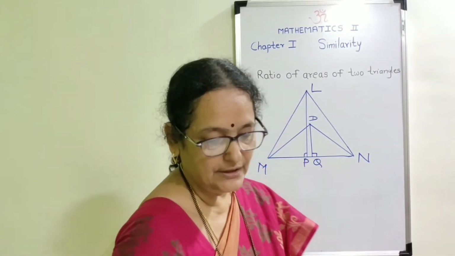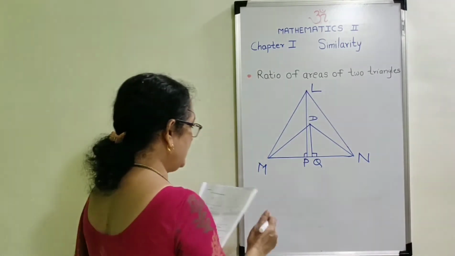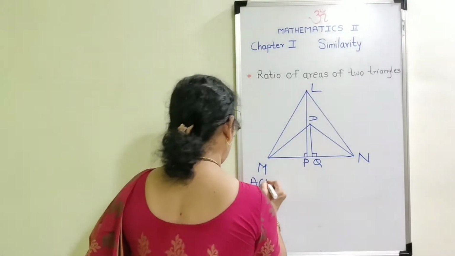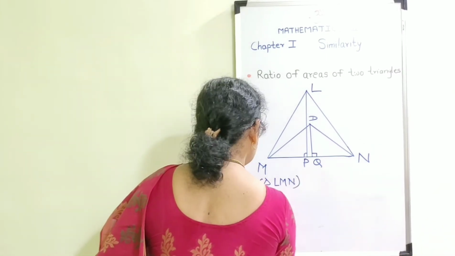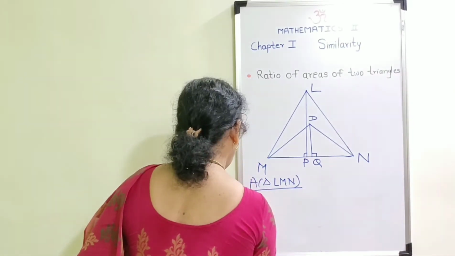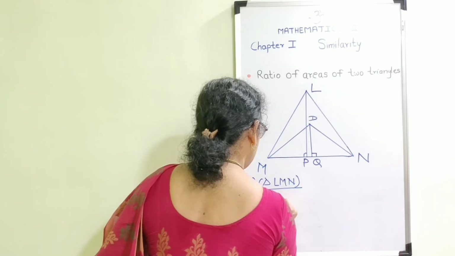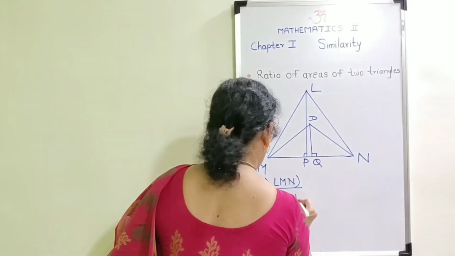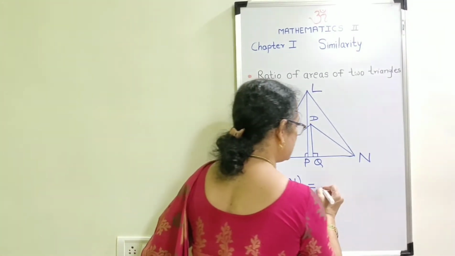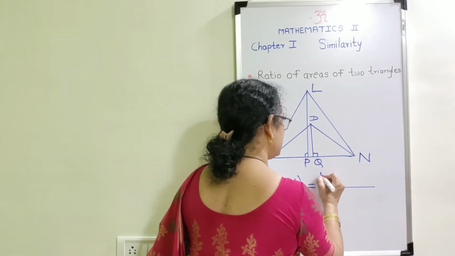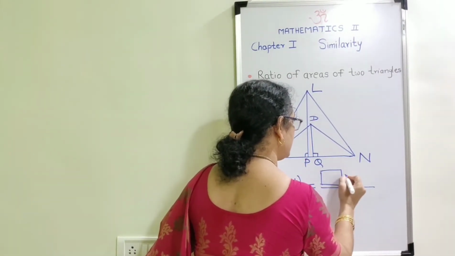And in the activity, they have given that area of triangle LMN is to area of triangle DMN is equal to. Now, please tell me your answers. Again use the first property.